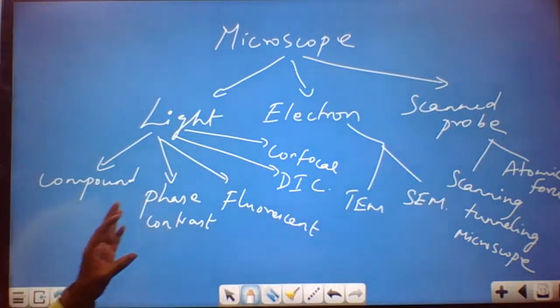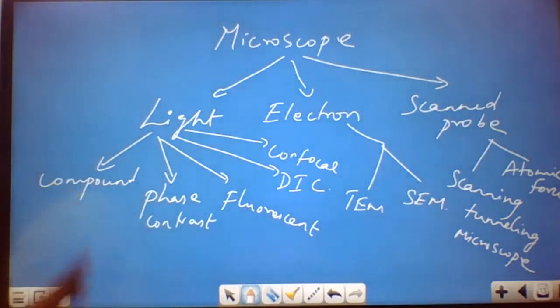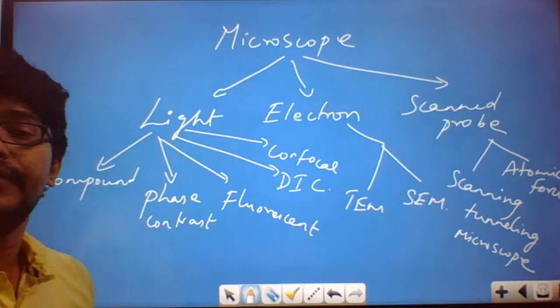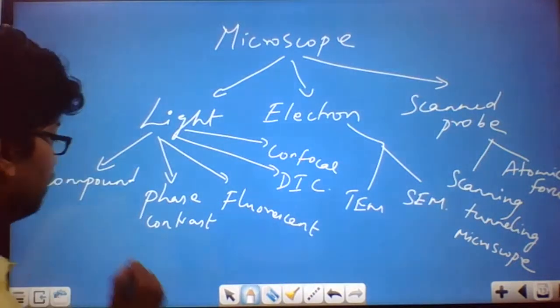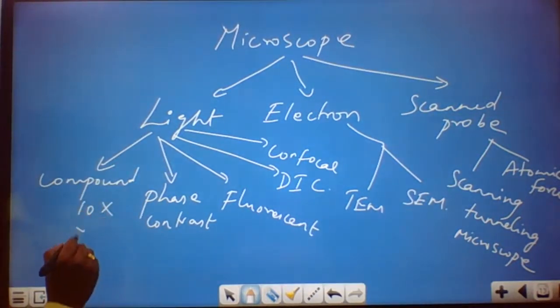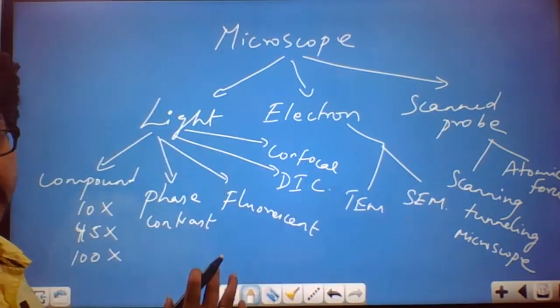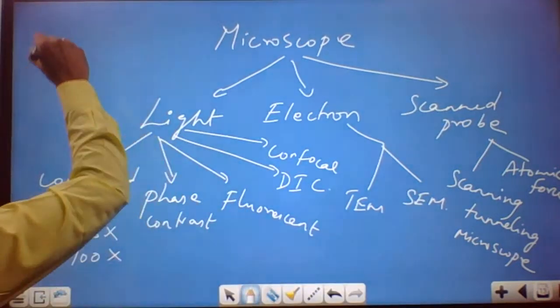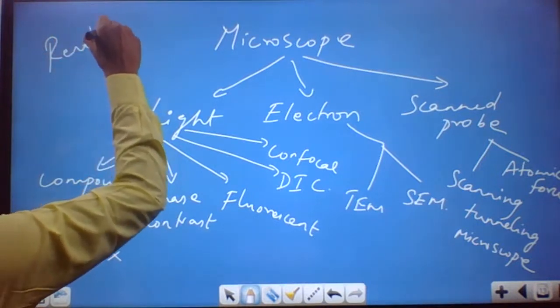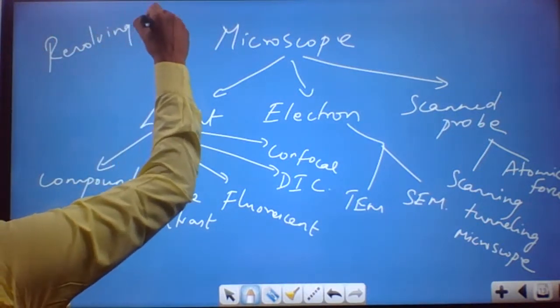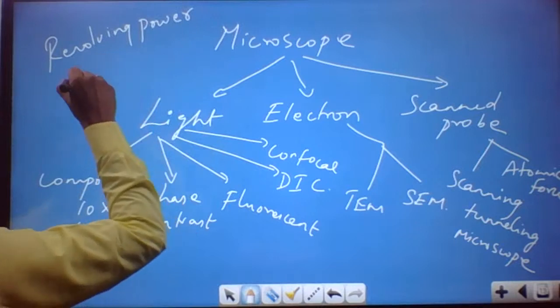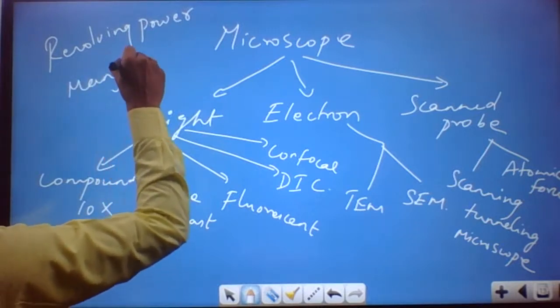Okay. This is a normal microscope, the compound microscope. You would have noticed we have the magnification at 10x. Often we use 10x, 45x, and 100x. From this part of the microscope, you either get questions from the transmission and scanning electron microscope, or from the resolving part or magnification.